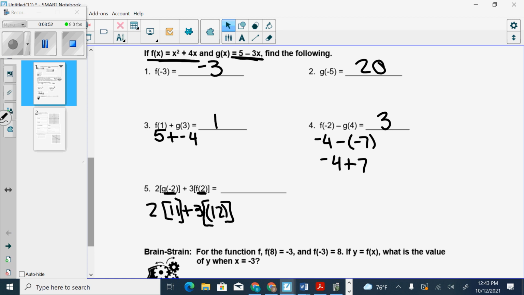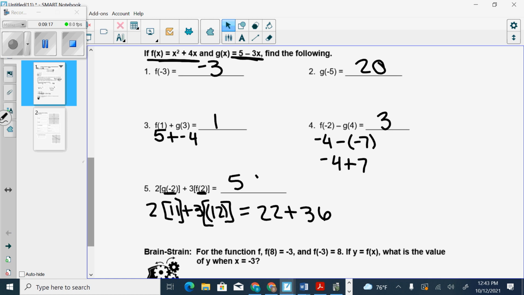So we've got 2 times 11, and what is 2 times 11? 22. Plus 3 times 12. And then we just add those two together and we get 58.